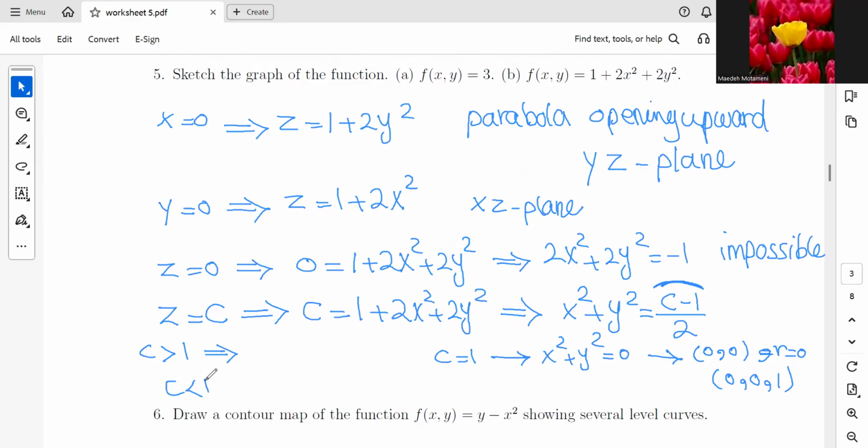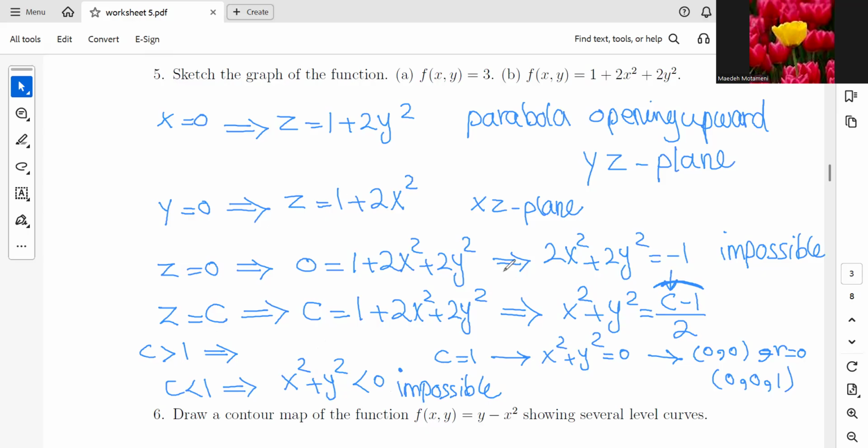And if c is less than 1, it means that x squared plus y squared will be a negative number, because when it is less than 1, c minus 1 over 2 will be a negative number. Okay, so again, x squared plus y squared cannot be a negative number, so it is impossible here.